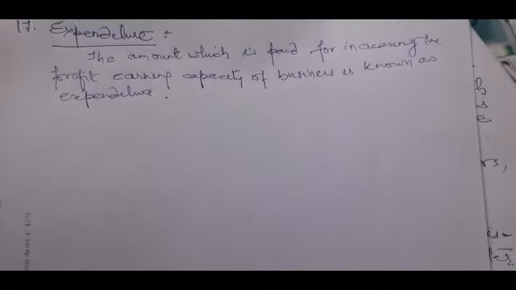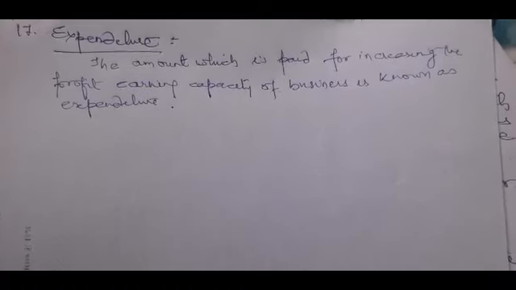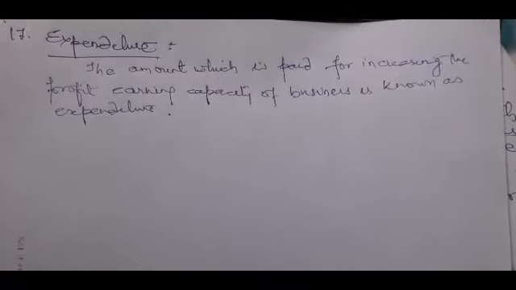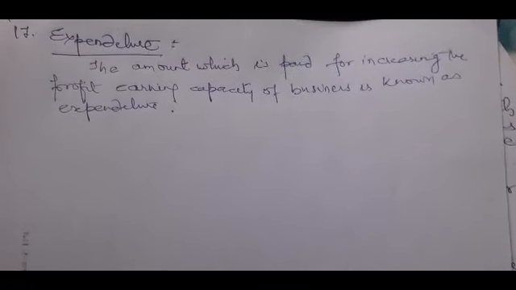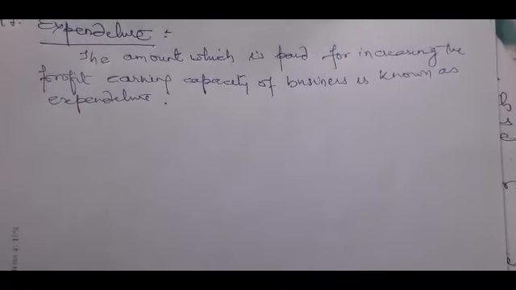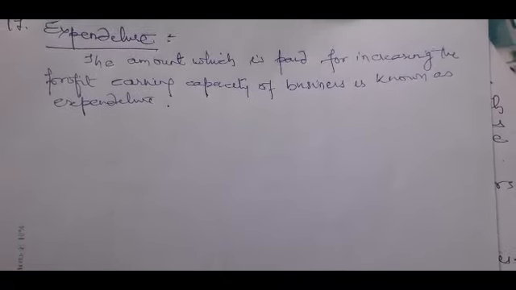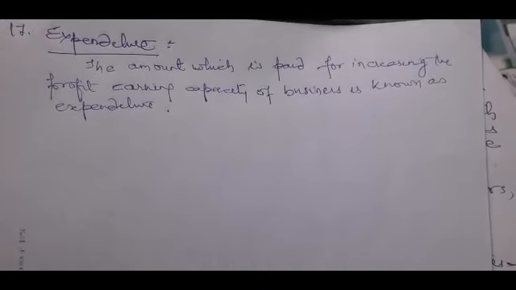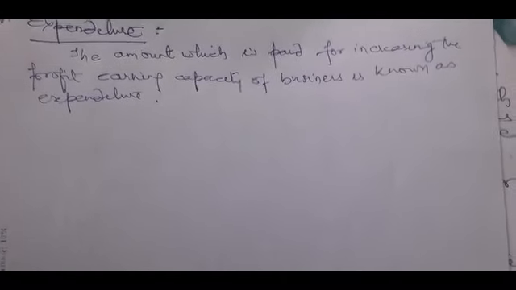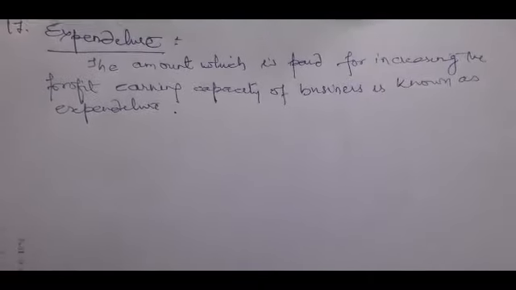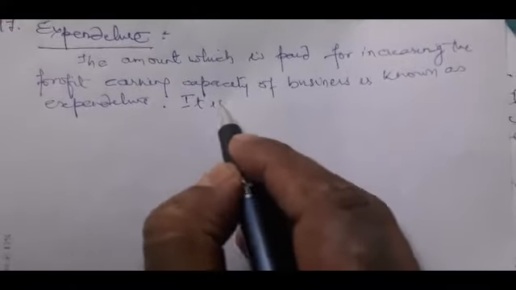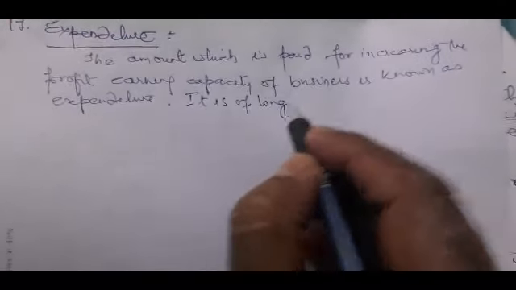Usually this is the amount spent on acquiring assets, liabilities, or the amount which is spent for a long period of time. It is spent usually on acquiring goods and services, often for a long period of time. So the nature of expenditure is of a long period.